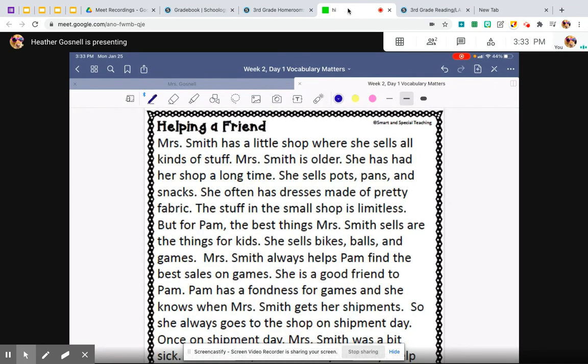Let's take a look at these. Like in the word pots. S, when added to the base word pot, makes it more than one pot. S, when added to the base word pan, makes it more than one pan. The same for snacks. S is a suffix added to the base word snack, making it more than one snack.